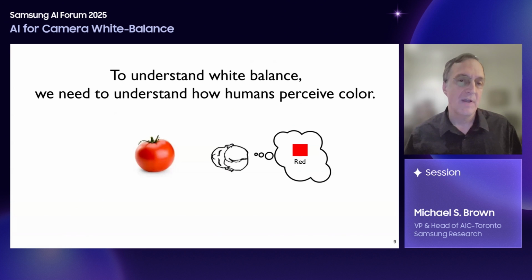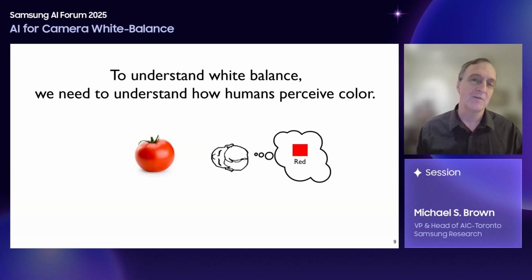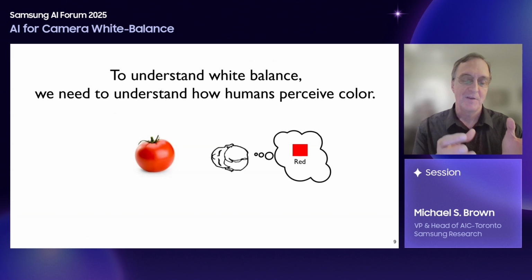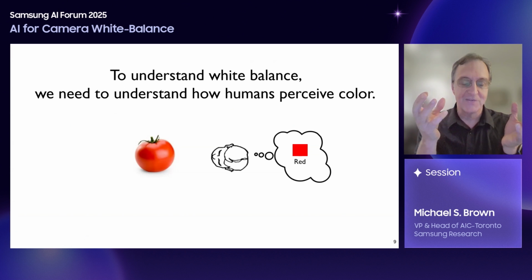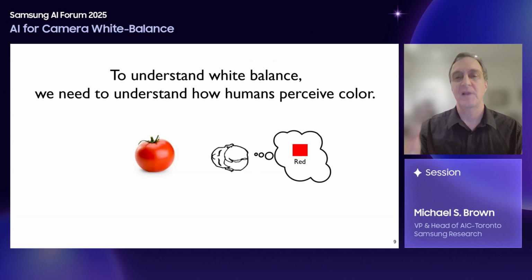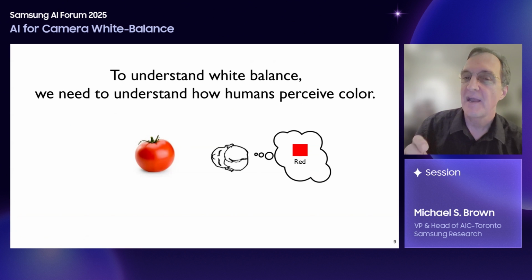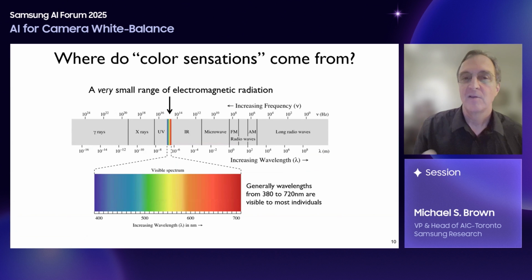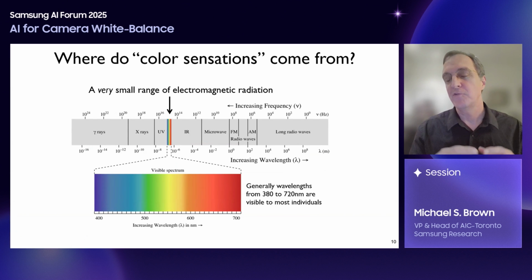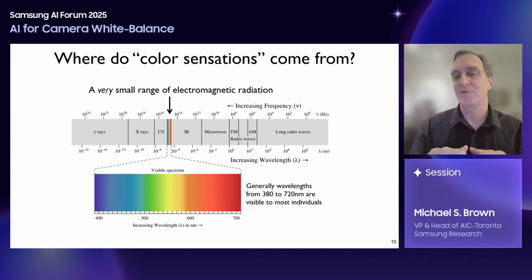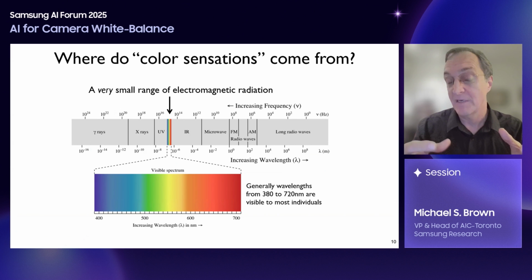To understand white balance, we actually have to first understand a little bit about color. When you look at a tomato, you just look at it and you get this sensation, oh, that's the color red. So let's think about, how do you really do that? In the physical world, there's no colors. The tomato isn't red. The tomato is actually reflecting electromagnetic radiation.